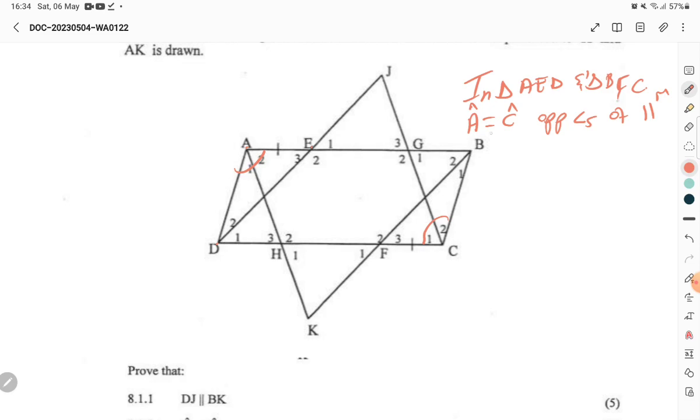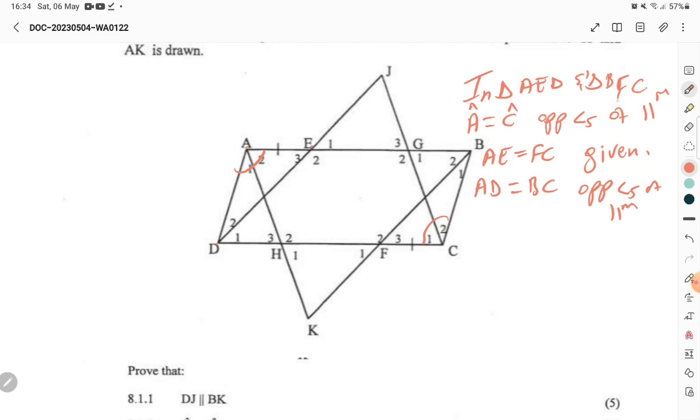Then we also have AE being equal to FC. The reason there is given, right? So we also have AD equal to BC. What is the reason for that? Opposite sides of a parallelogram.